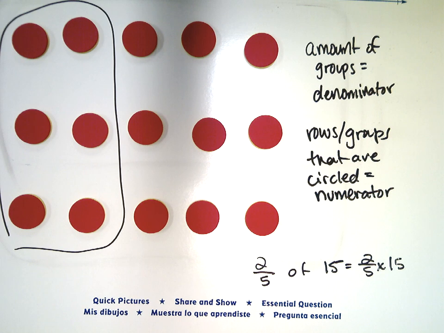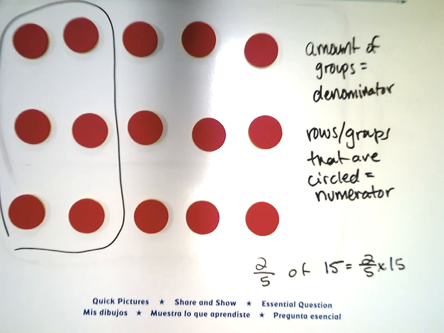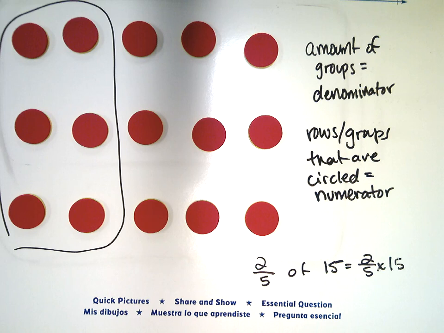I want you to try and do as much as you can because I want you to represent it in front of you so that you can understand it, because this is a big part of your test next week, having to understand how to use the counters, okay? So take this time, get to work. You'll have about 20 minutes or so. If you need any assistance in doing it, please let me know.